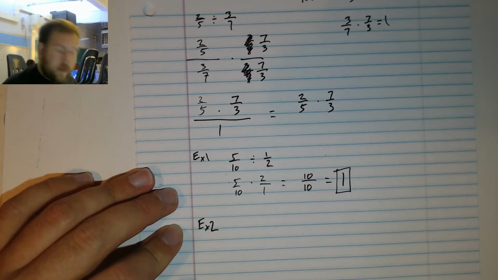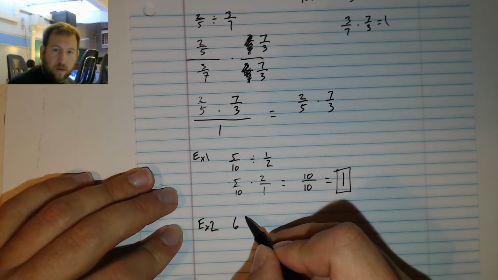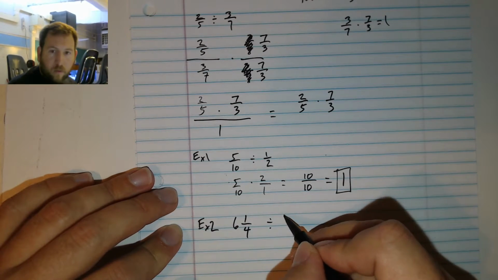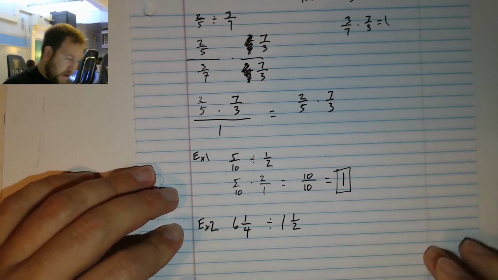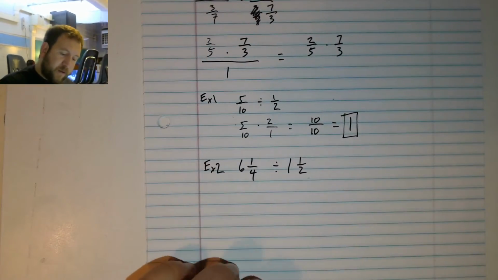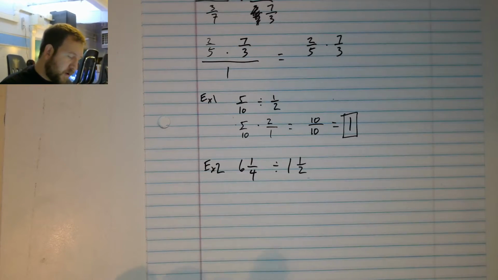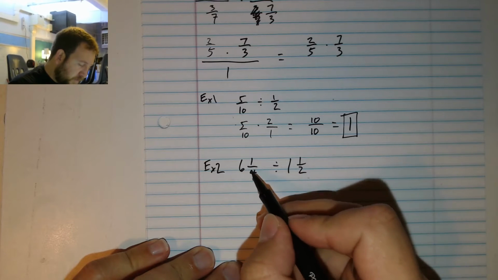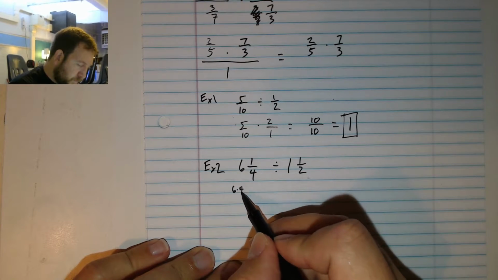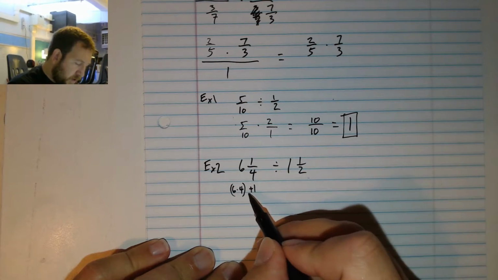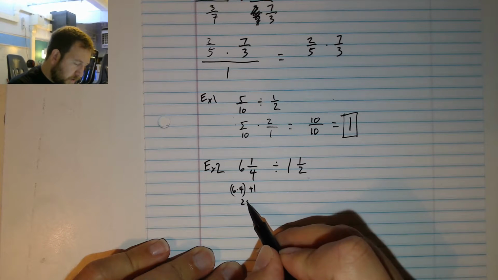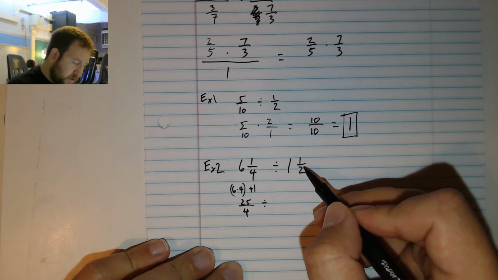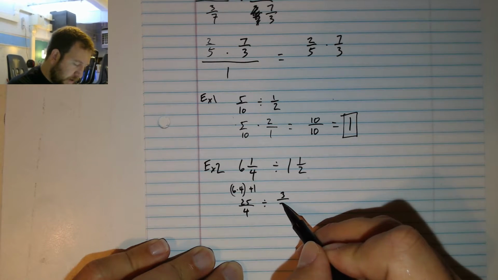Example 2. We're going to do 6 1/4 divided by 1 1/2. All right, so my first step is I need to take my mixed numbers and put them into improper fractions. So to do that, I'm going to do 6 times 4 plus 1, which is 25/4, divided by 1 times 2 plus 1 is 3/2.